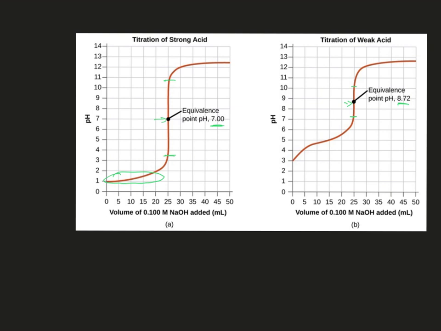The gradient of the weak acid curve is initially much greater due to the lower buffering capacity of the acid. This cannot resist changes in pH as effectively as a strong acid can. In this section of the curve, a buffer system is being created between the weak acid and the strong base. This is followed by a flatter section where there is greater buffering capacity.